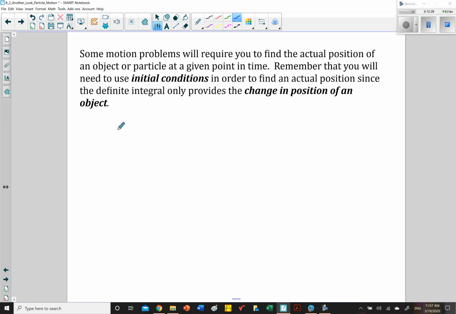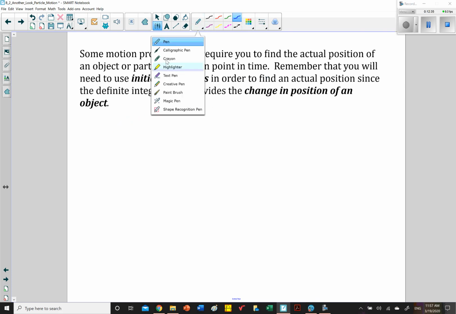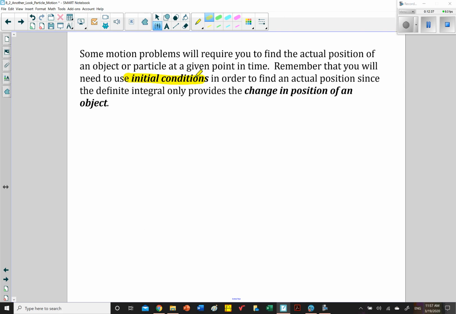Now let's see, some motion problems require us to find the actual position. So remember, we're going to use initial conditions as we saw in an earlier lesson. The actual position. Remember, the definite integral only tells us the change in position, and we want to accumulate, so we want the initial condition.